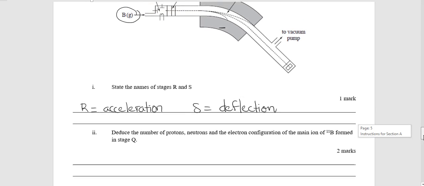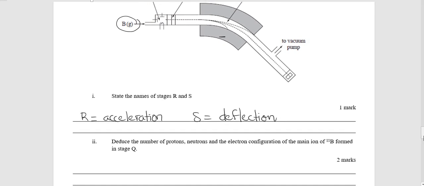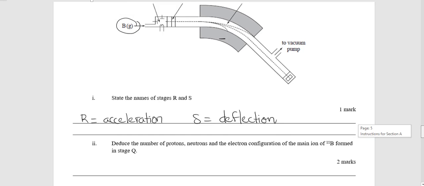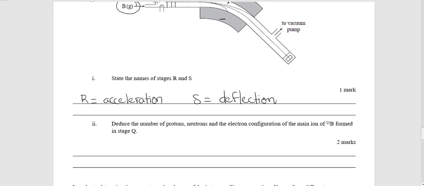Deduce the number of protons, neutrons, and electron configuration of the main ion of 11B formed in stage Q. All right, so Q, as I just mentioned earlier, has to be ionization, and when ionization happens, the atom turns into a positively charged ion, so still in gas form.